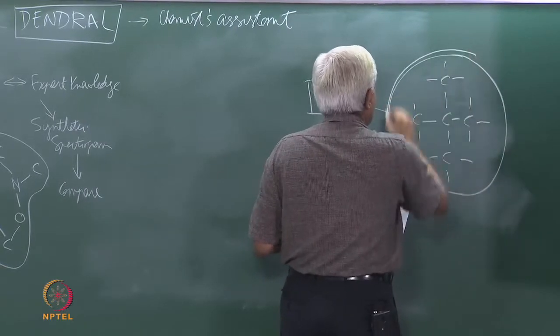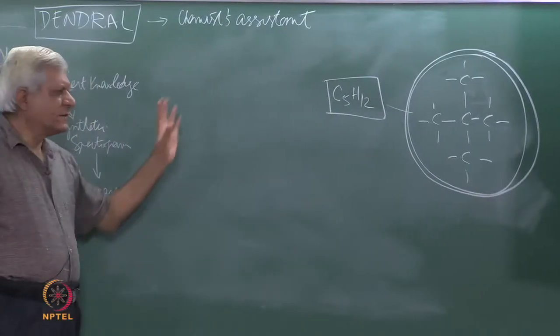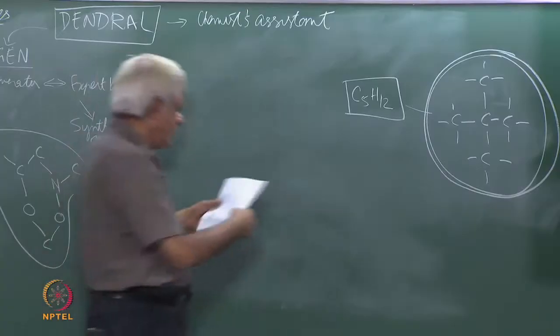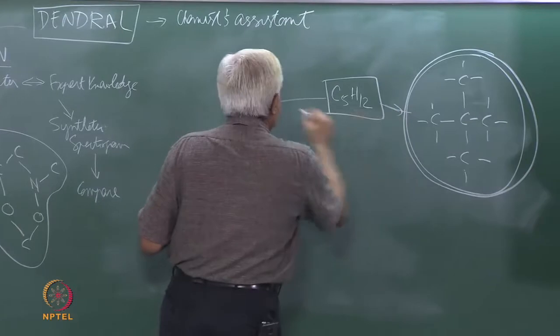So, this would be a solved node, a simple way of organizing these 5 carbon atoms and 12 hydrogen atoms, but there could be other options. So, these are all directed graphs.